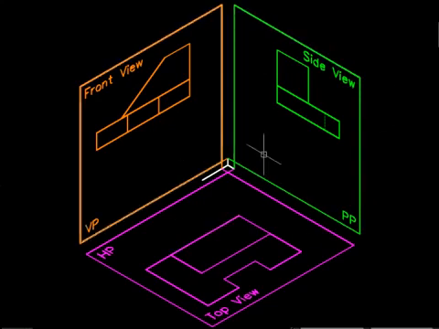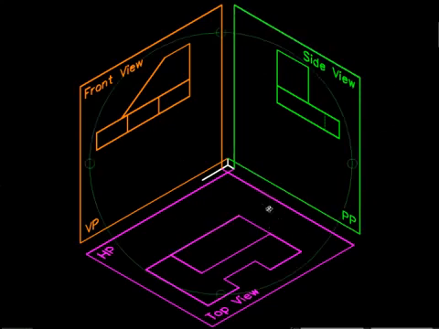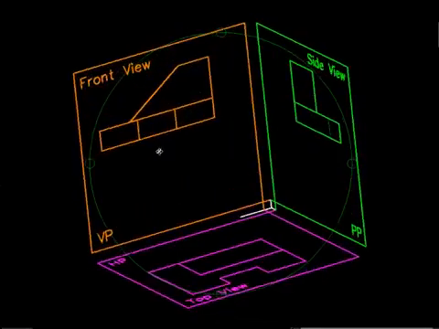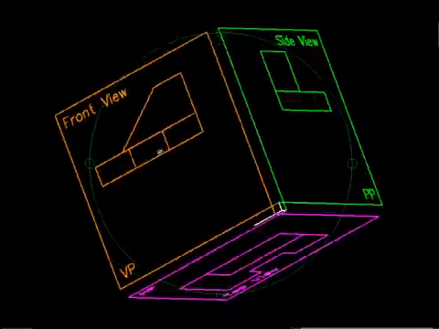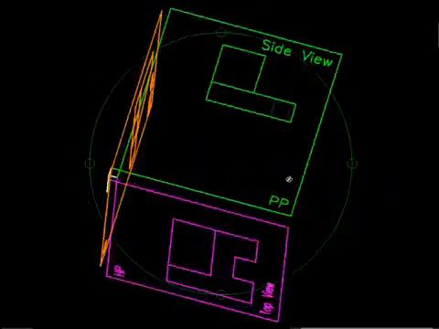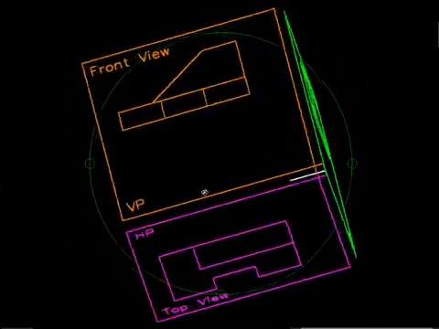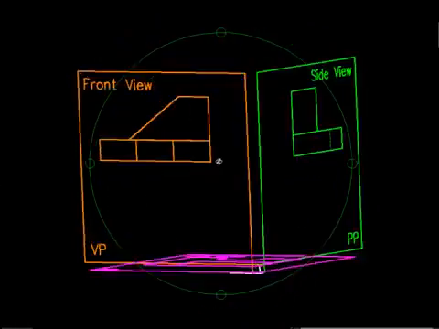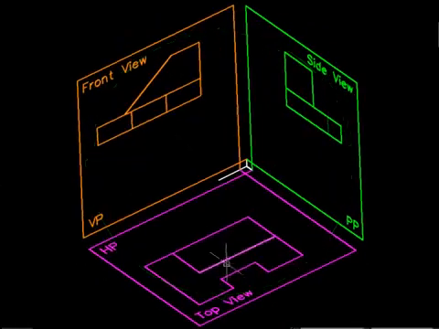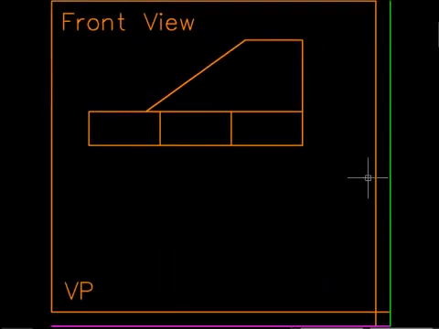Now we have all the views, but there is a problem with this. The problem is that this 3D diagram cannot be represented on a 2D paper. Drawings generally have to be done on 2D papers, on which this three-dimensional view cannot be shown clearly, and hence we make use of an idea.